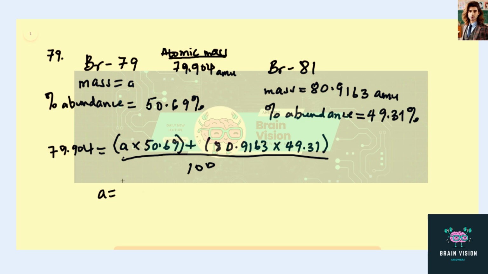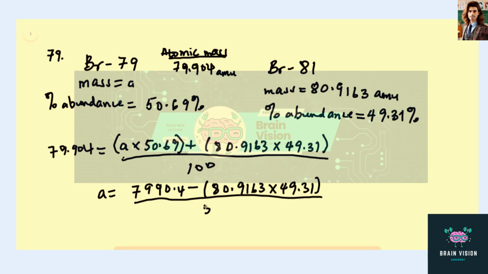So we're going to have 7990.4 minus 80.9163 times 49.31, all divided by 50.69.